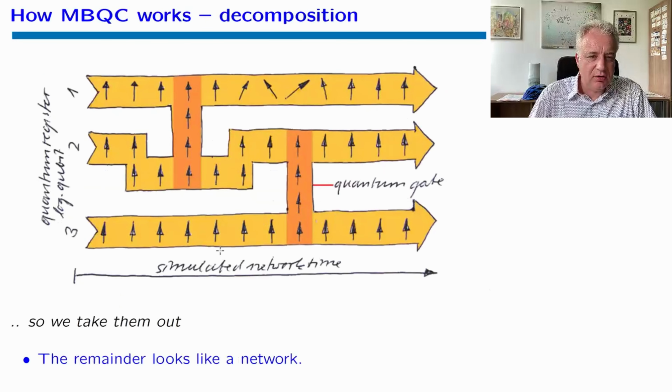Okay, so we take them out and we haven't really lost anything. Measuring in the eigenbasis of Z essentially removes these qubits from the cluster. And so the remainder of that looks already like a network. You can imagine qubit wires, gates. Okay, that looks quite promising.